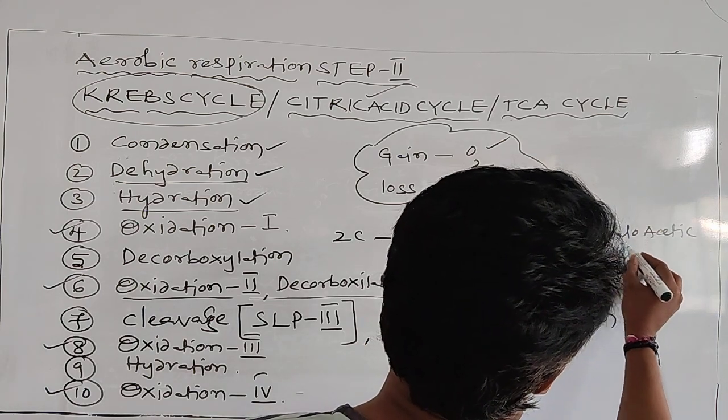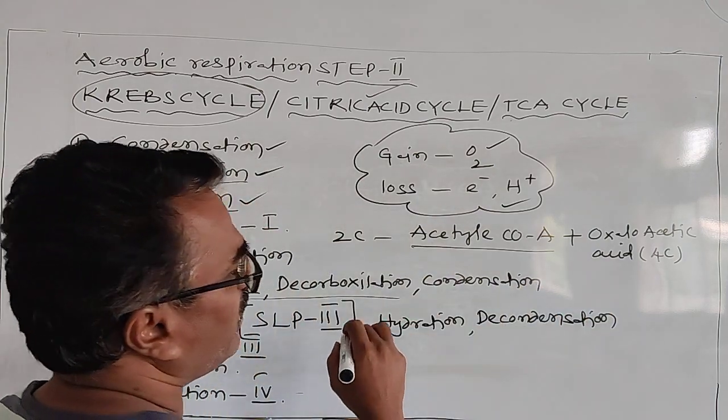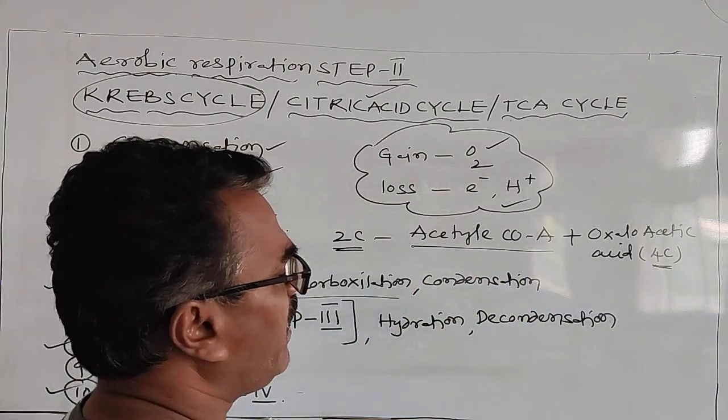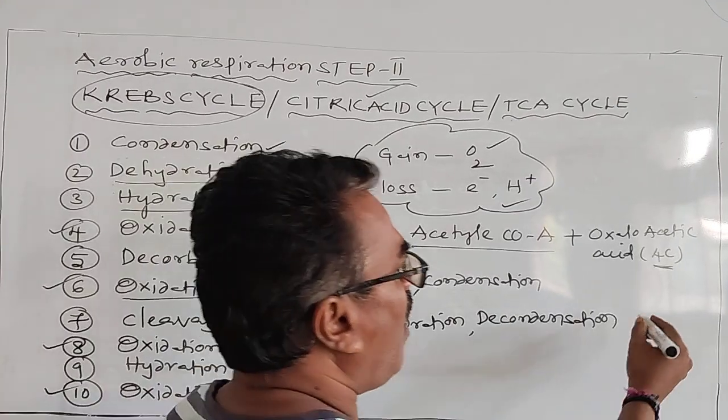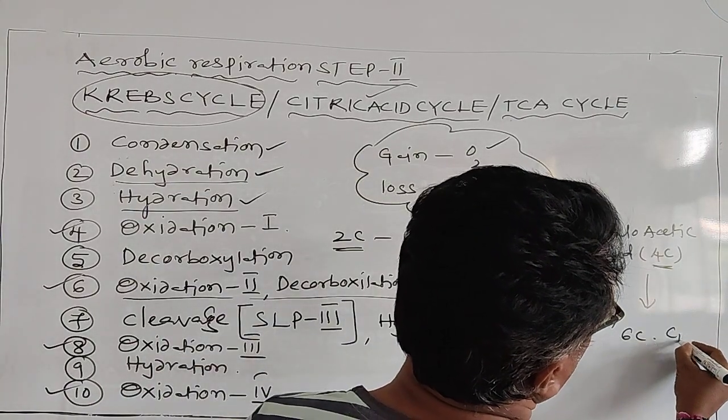This 4 carbon compound and the 2 carbon compound are linked, then form a 6 carbon compound, that is citric acid.